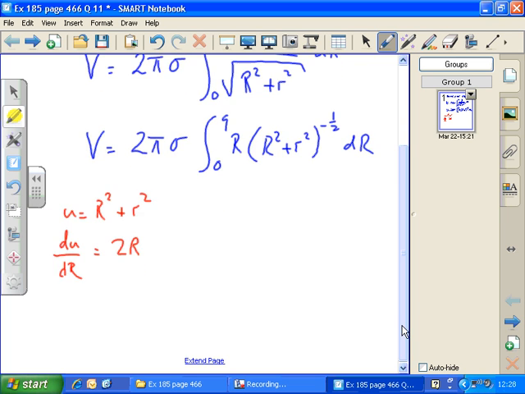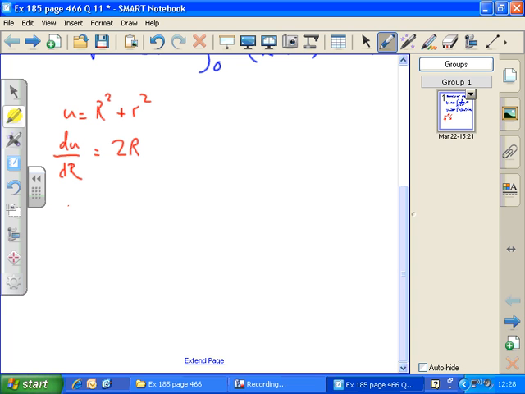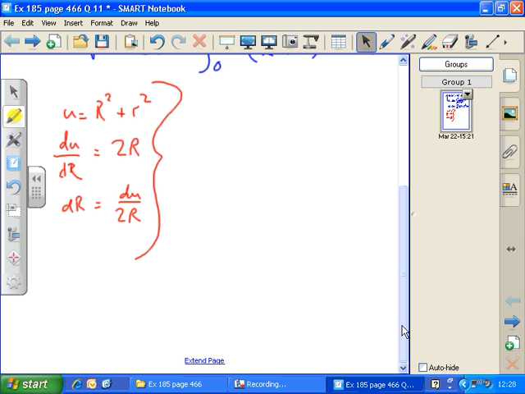So rearranging, dr equals du over 2R. And so now we can put in our information into the original integral.